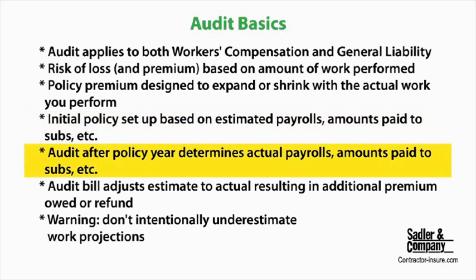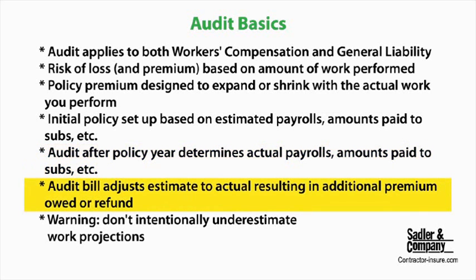After the policy year ends, you're audited to determine your actual payrolls, amounts paid to uninsured subs, amounts paid to insured subs, and so forth. Next, you're presented with a final audit bill which compares the estimates that you've already paid for against the actual figures. You'll either get a refund if you've overestimated, or you'll owe an additional premium if you underestimated.